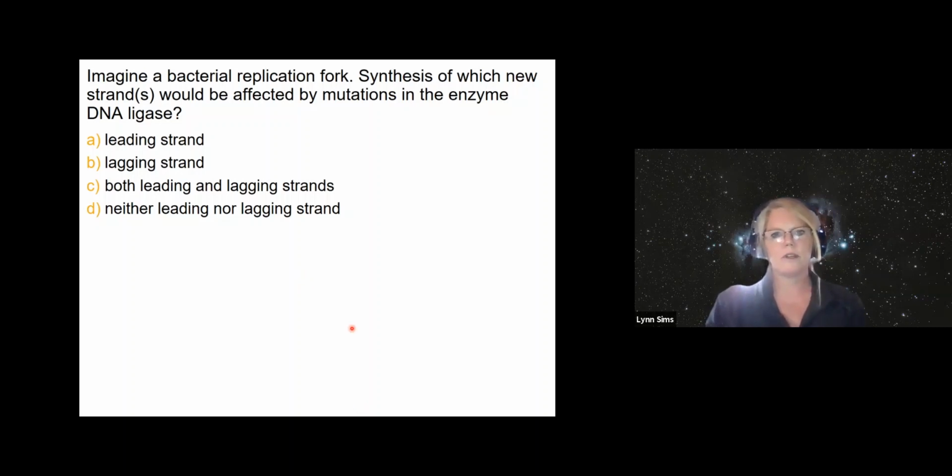I will go ahead and reset this, and you can choose the best answer for this question. Remember, DNA ligase is the enzyme that connects the gaps after DNA polymerase 1 replaces the RNA primers with DNA.